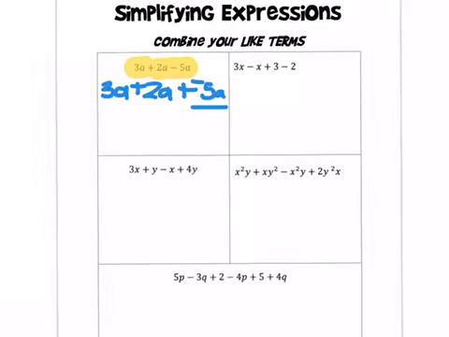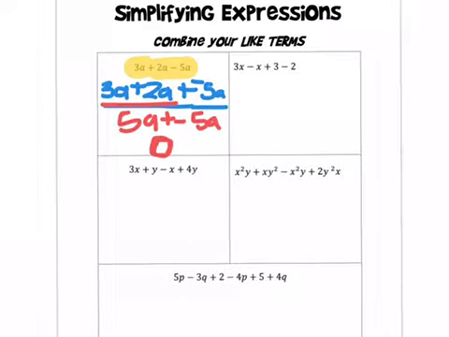So we're going to go ahead and do this from left to right. So when we have 3a plus 2a, we have 5a. Then plus a negative 5a, that's just the same as 5a minus 5a, which is 0. You don't even have to put an a in there at all. The answer is 0. And that's the first example.